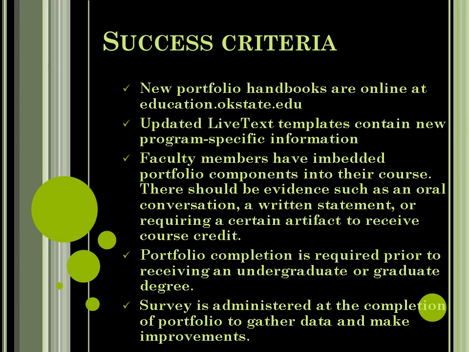We need to have faculty members embed portfolio components into their course, and there should be evidence of this, such as an oral conversation, a written statement, or requiring a certain artifact to receive course credit. We need to consider having portfolio completion as a requirement prior to receiving an undergraduate or graduate degree. And then lastly, we need to have a survey that is administered at the completion of portfolio to gather data and make improvements.